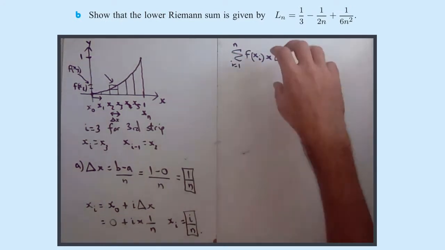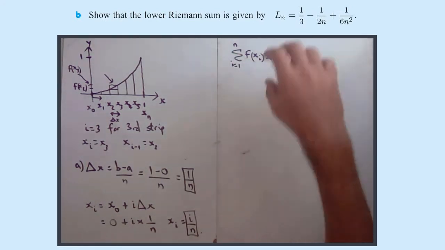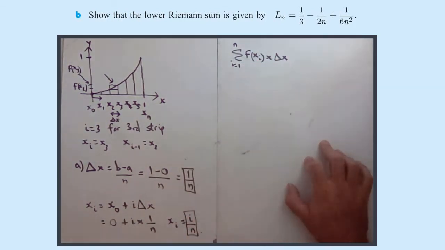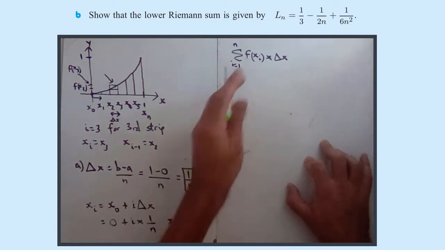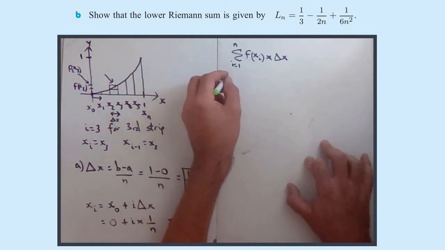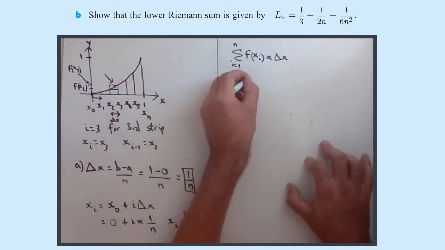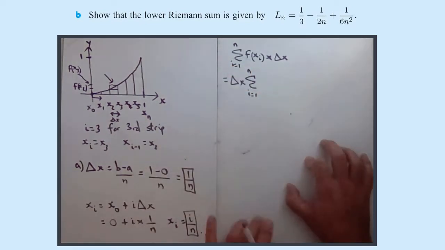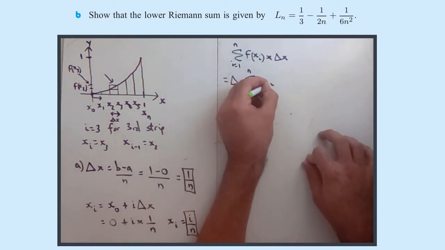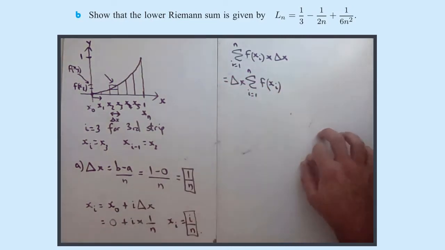And for a regular partition, delta x is equal for each strip. So technically I could have had a delta xi in there, but because it's the same for every one, I'm just going to write delta x. If it's the same, you can just pull it out, equals delta x times the sum from i equals 1 to n of all of the f(xi)'s. Now that's a general Riemann sum.